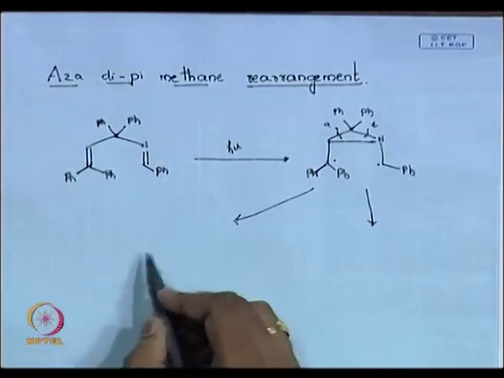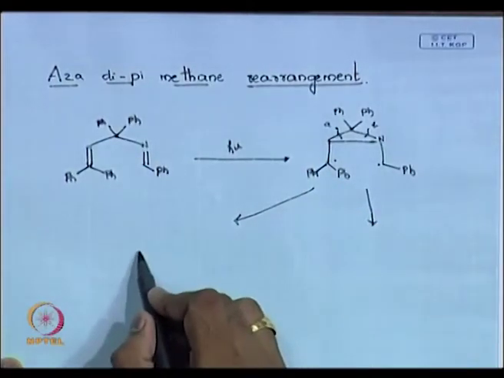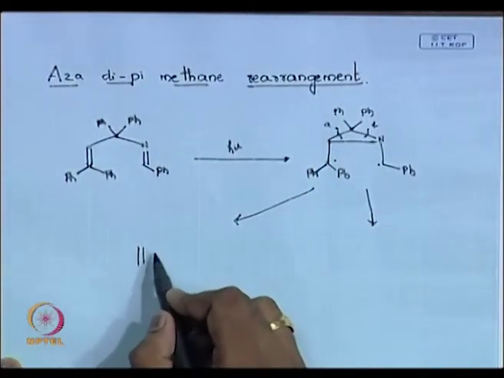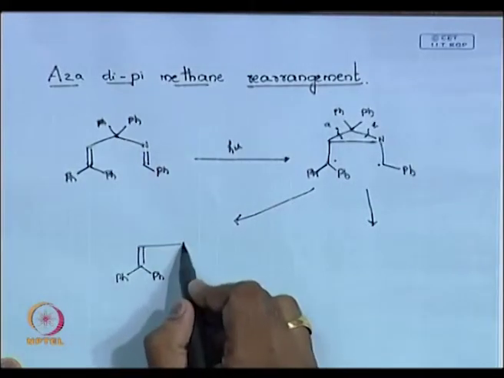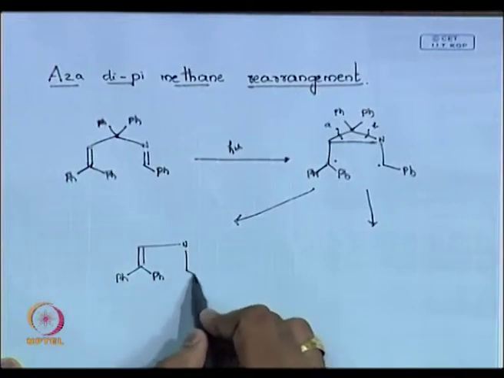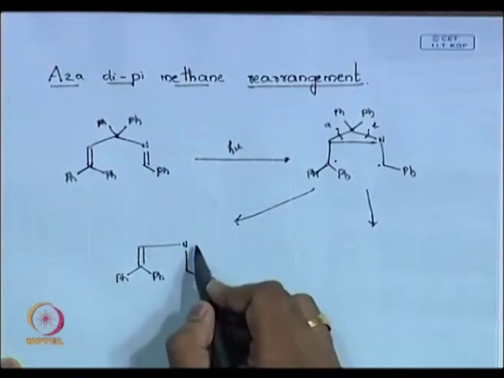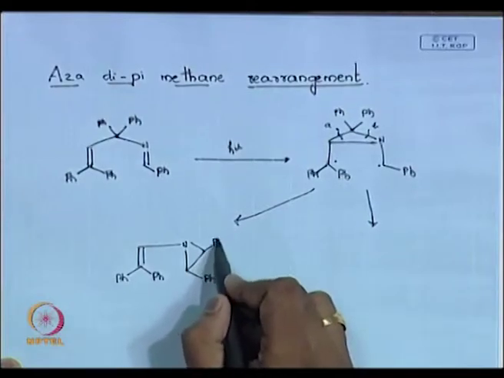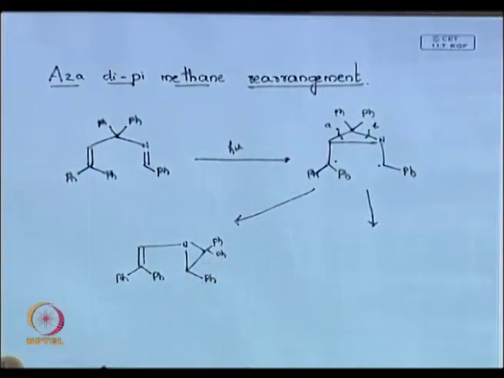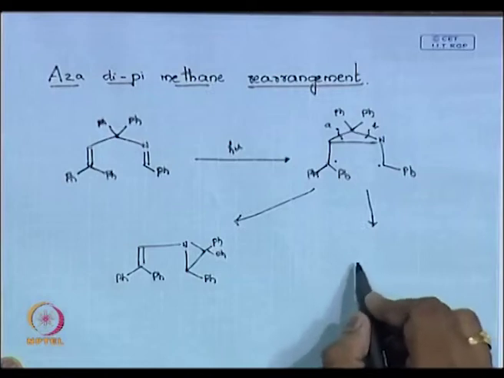So, if we go in the direction of A, you get a system like this. When you go in the direction of B, then you will get another.